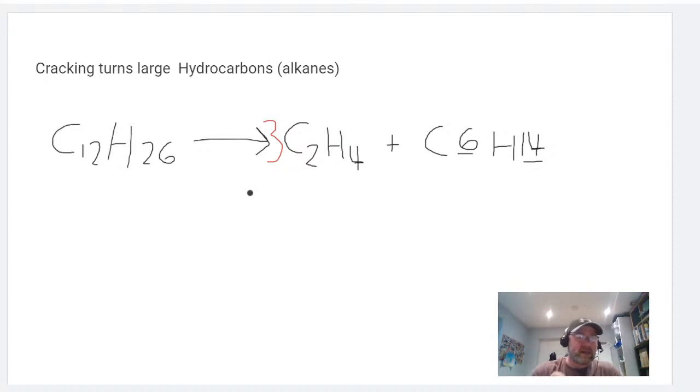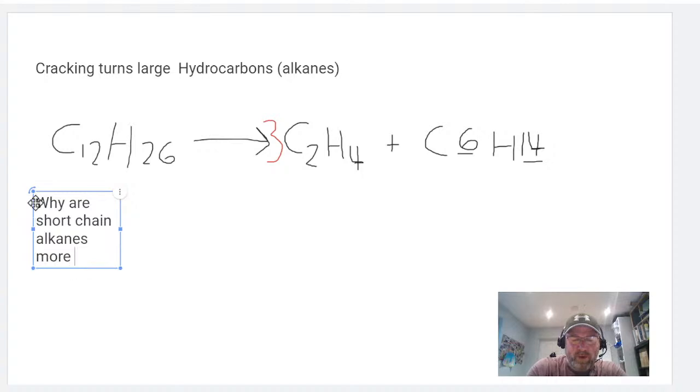So hexane is going to be more useful than dodecane. Dodecane, which is the C12, isn't going to burn anywhere near as well as hexane. Hexane's a better fuel. So we need to ask a question. Why are short chain alkanes more in demand?